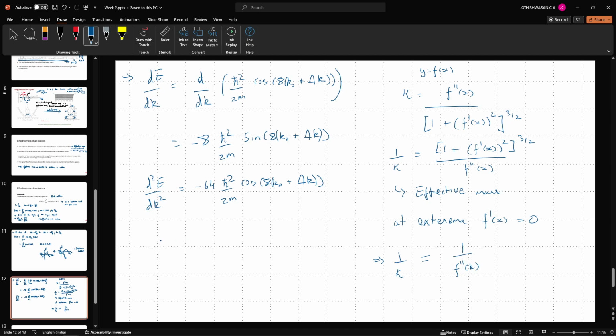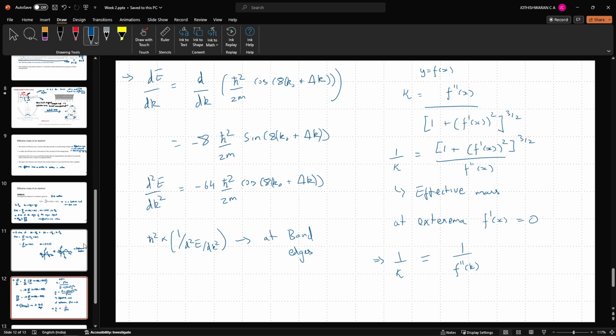Which is why when we represent the effective mass of the system, we say it is h bar squared into 1 over d square e by dk squared. This is the expression that you would have seen. So this is at band edges.